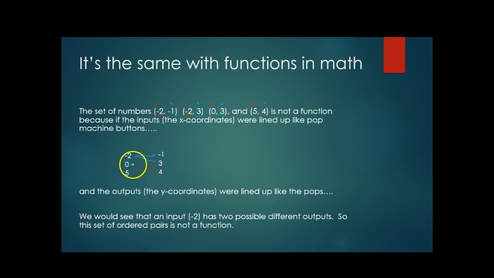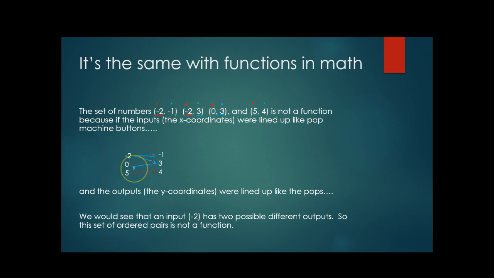Now, one confusing part is when you're looking at the arrows and you see 2 different inputs getting the same output. And the question comes up, is that a function? This is fine. This would still be a functioning machine if it weren't for this right here, because of this getting 2 out. But imagine a pop machine with 2 different buttons but giving the same pop.